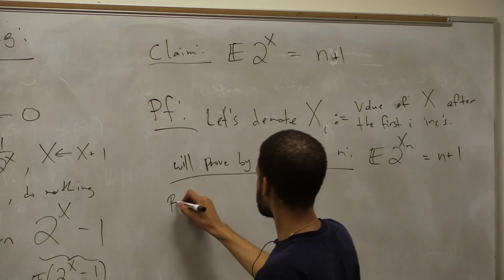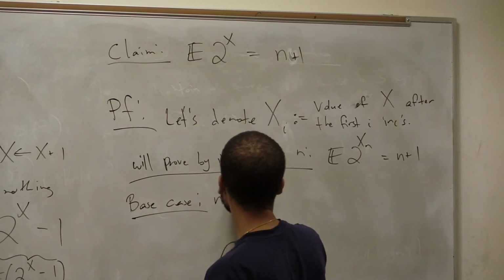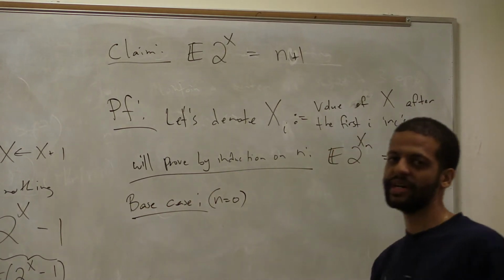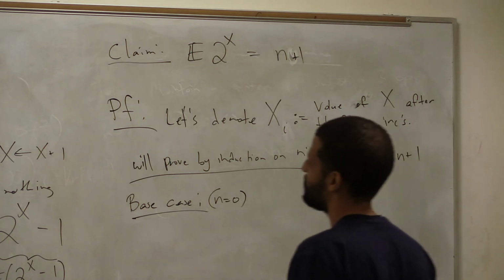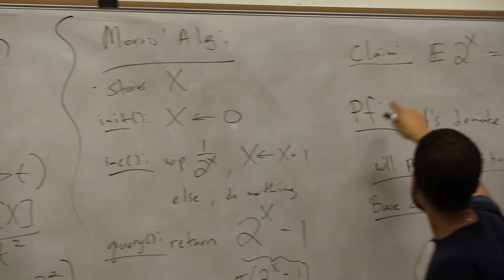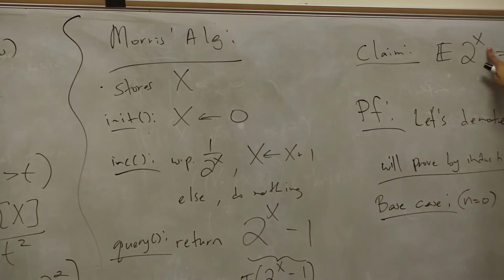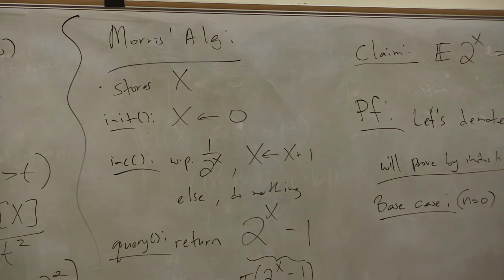So the base case is that n is equal to 0, meaning we haven't done any increments yet. If we haven't done any increments yet, then x is 0. All we've done so far is initialize. So 2 to the x is then equal to 2 to the 0, which is 1, which is 0 plus 1.